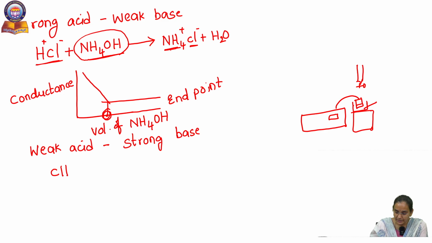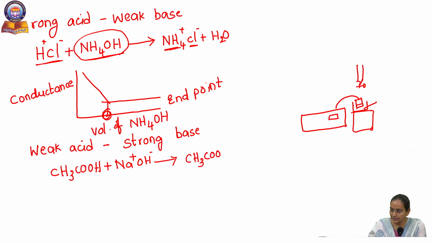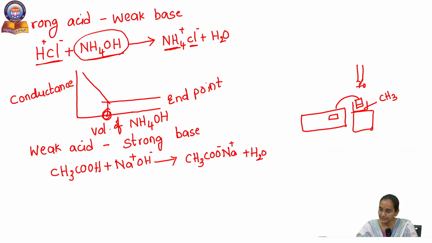If we take acetic acid as weak acid and sodium hydroxide as strong base, this is also a neutralization reaction. It gives sodium acetate and water molecule. Now in the beaker we are going to take acetic acid, and in the burette we are going to take sodium hydroxide.